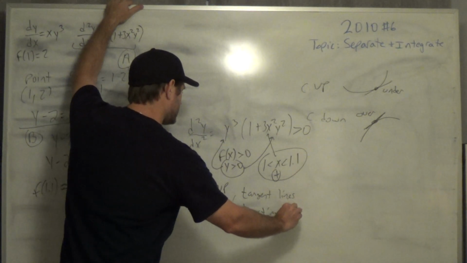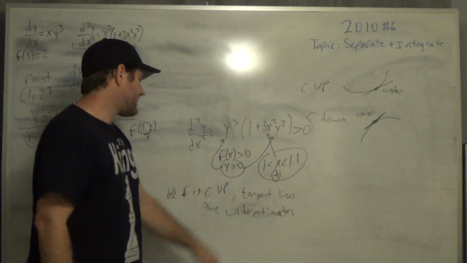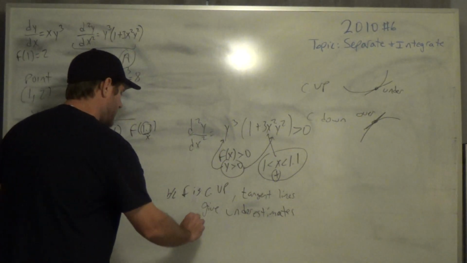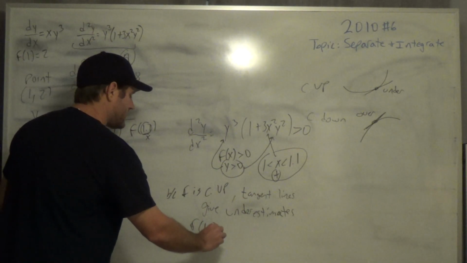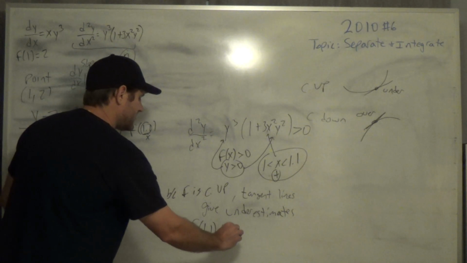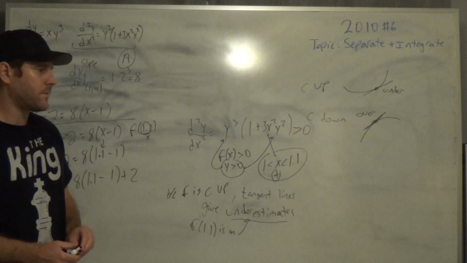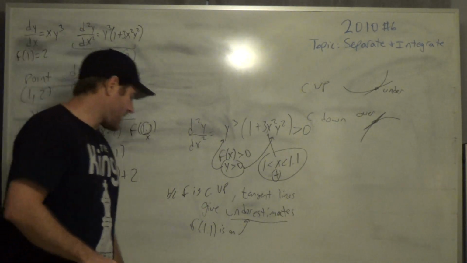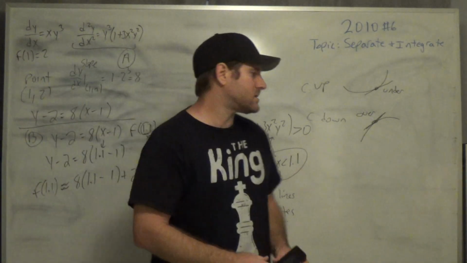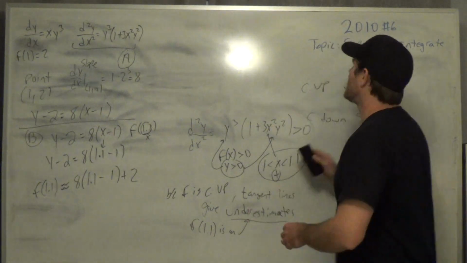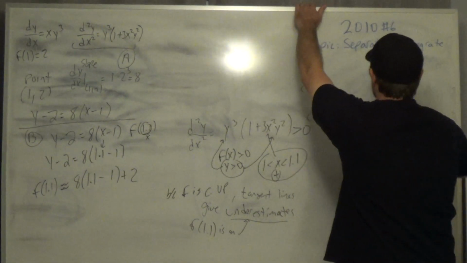Tangent lines give underestimates. Or in other words, we should have said, so f of 1.1 is an underestimate. I got a little wordy there, and I'm sorry. And that's part B. So part A and part B are over. Part C is where 5 points out of the 9 are. Separate and integrate. So let's go to the separate and integrate part.